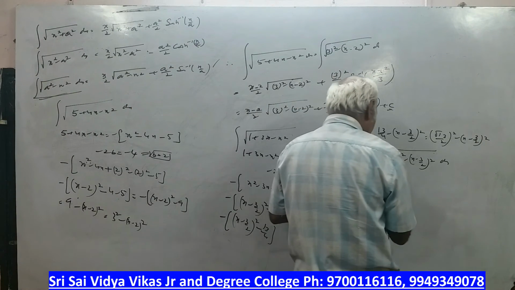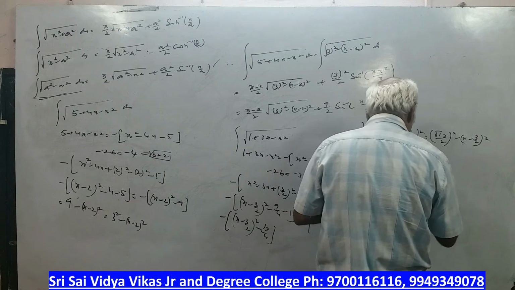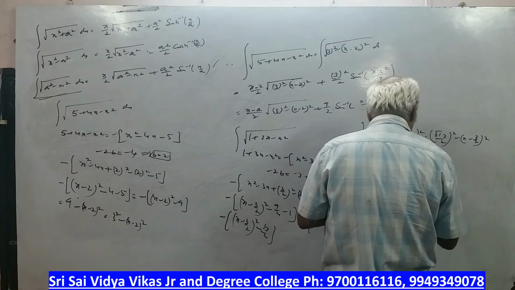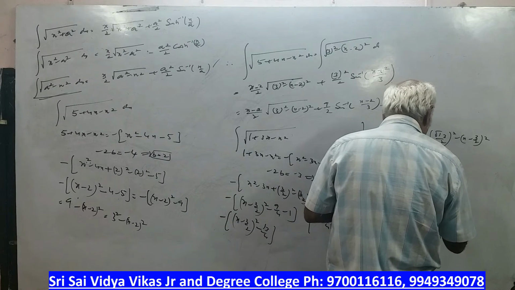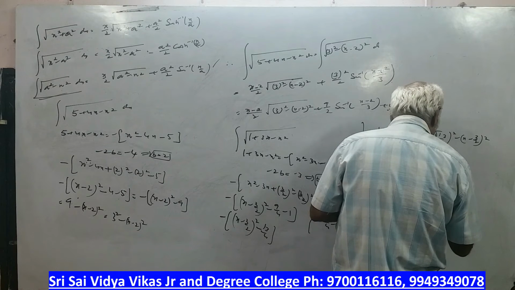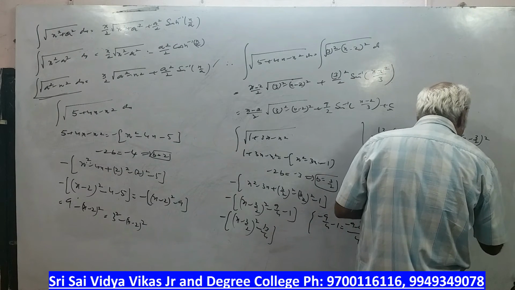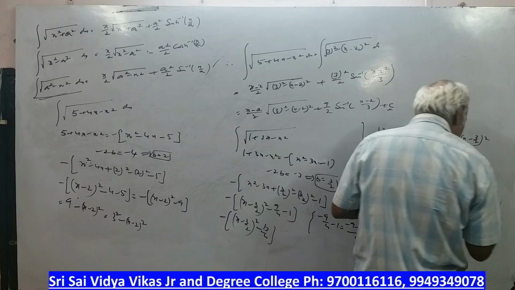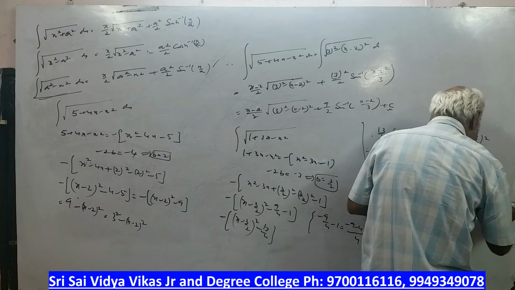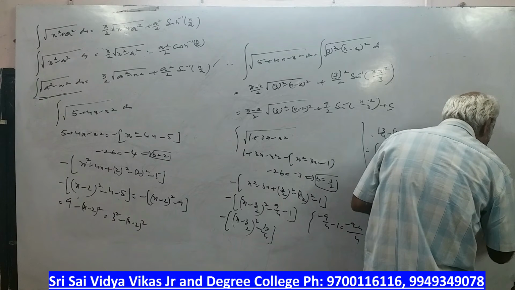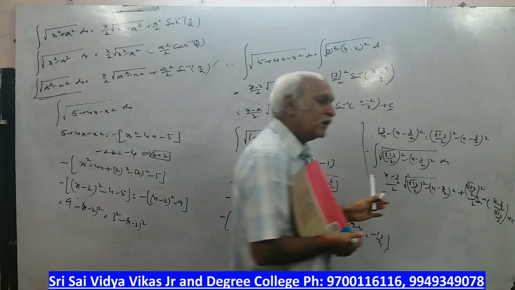So what is that? x minus 3 by 2 by 2 root of root 13 by 2 whole square minus x minus 3 by 2 whole square plus a square by 2. A square means what, sir? Root 13 by 2 whole square by 2. Then sin inverse x minus 3 by 2 by root 13 by 2 plus c. Right? Leave the answer here.